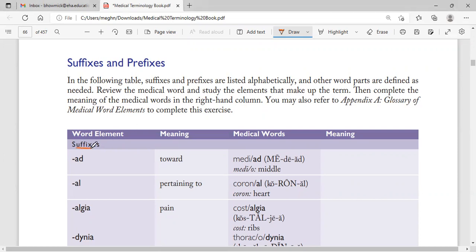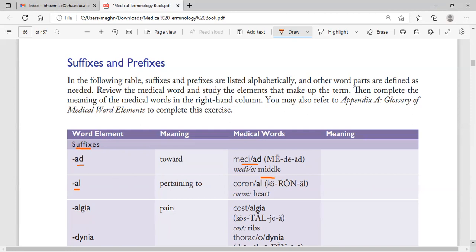So suffixes, like -al, mean pertaining to, like medial, middle. Then -ary, coronary, coronal, coronal suture, or coronary arteries, right?